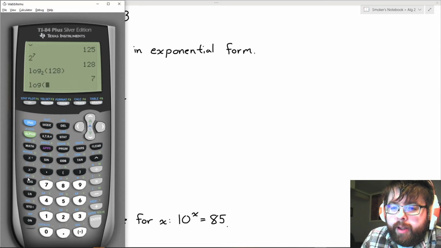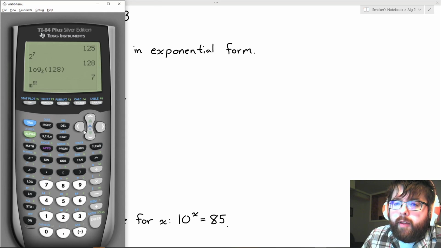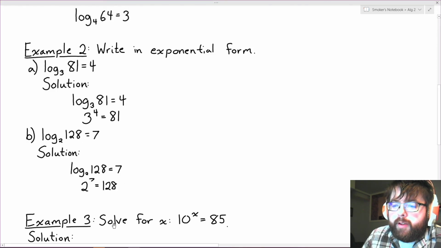It has 10 to the x power. So if I did second 10 to the x, that is the opposite of log base 10. So that can remind you that this is a log base 10 key with that little 10 there. That's because these two things are opposite.